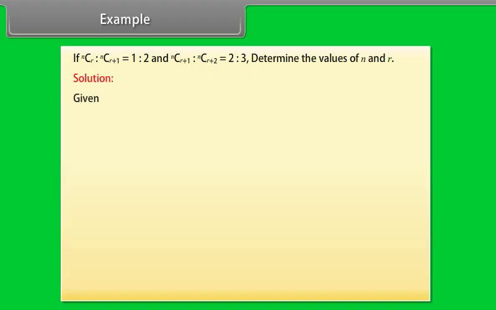Solution. Given nCr : nCr+1 = 1 : 2. n factorial by (n minus r) factorial into r factorial is to n factorial by (n minus r minus 1) factorial into (r plus 1) factorial is equal to 1 is to 2.